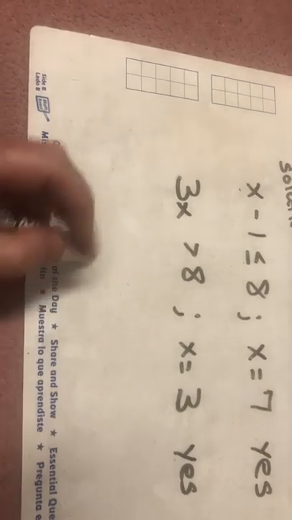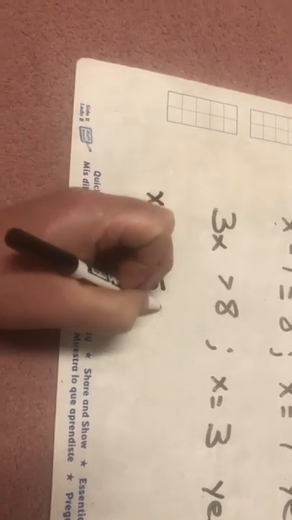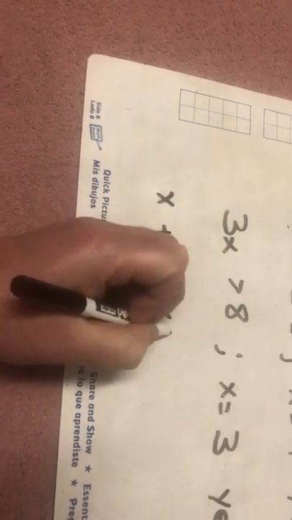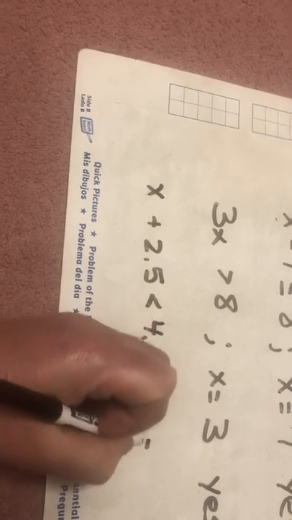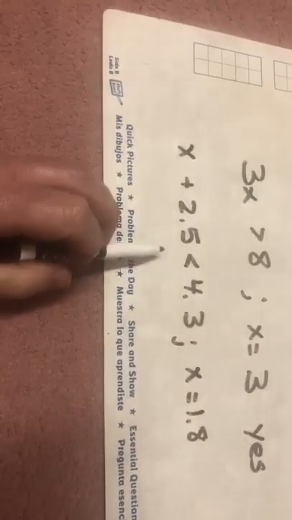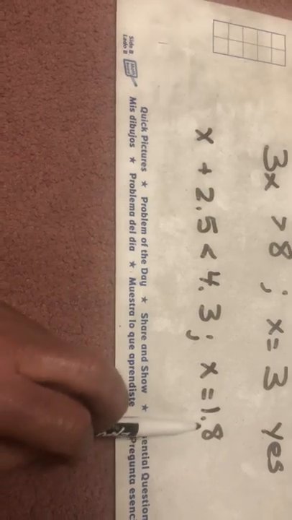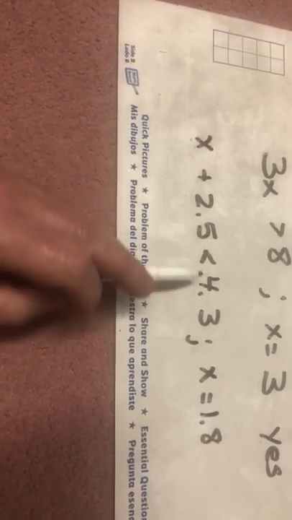All right, let's say that I've got x plus 2.5 is less than 4.3, and we're going to say that x equals 1.8. So if I'm going to take 1.8 and plug it in for x, I'm going to be doing 1.8 plus 2.5.